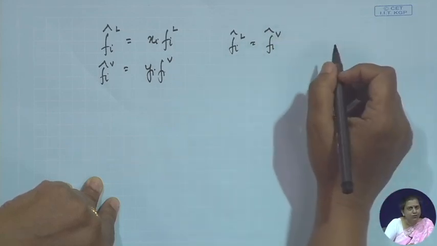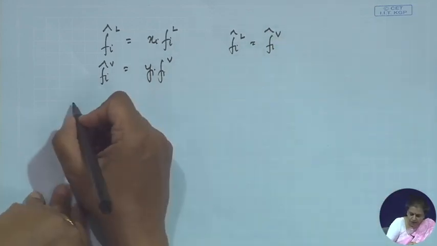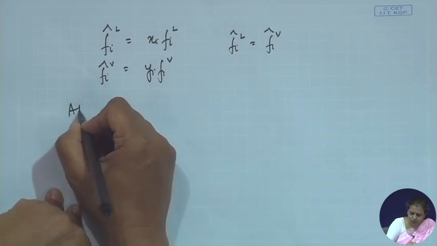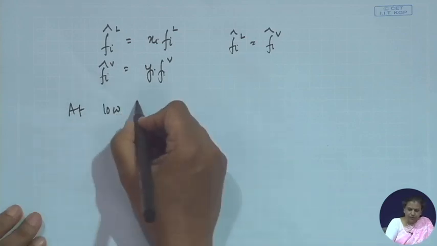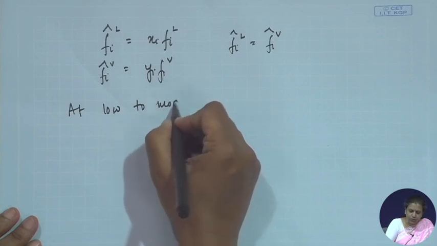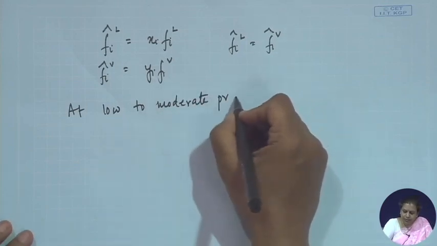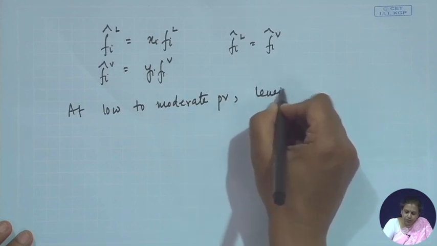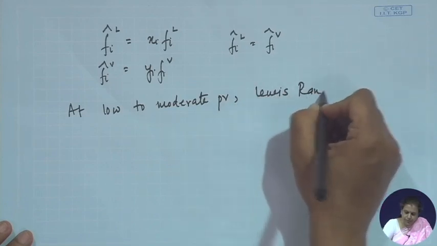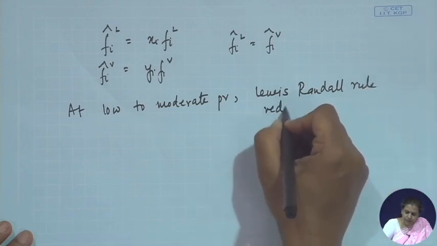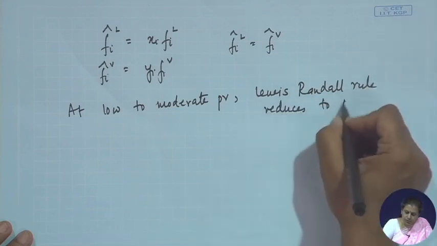So far our situation was fine, and then we found out that the situation becomes simpler at low to moderate pressure. Why? Because under those conditions the Lewis-Randall rule reduces to Raoult's law.